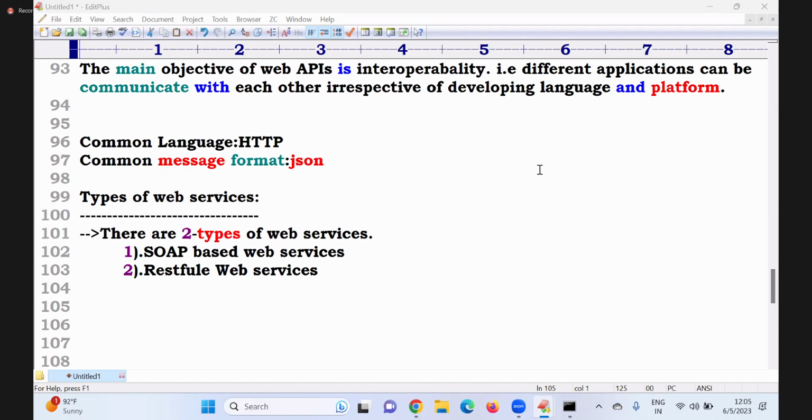What is SOAP-based? What is the meaning of SOAP?